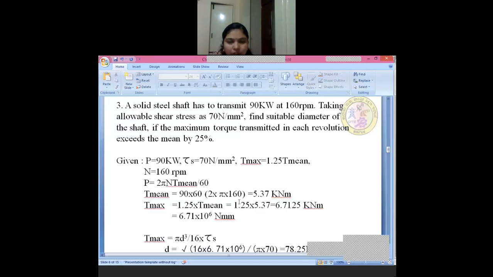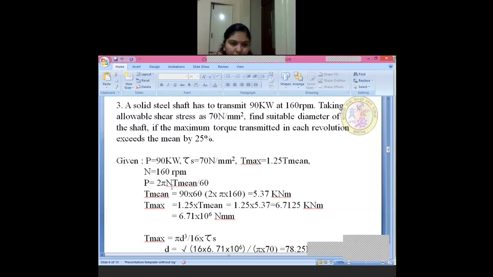So I know the formula for power transmitted by the shaft: P is equal to 2 pi N T by 60. T mean is the only unknown.